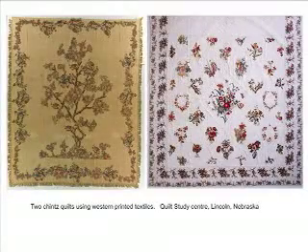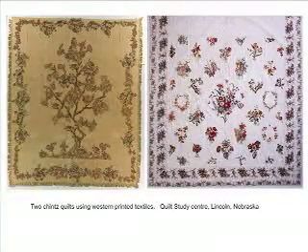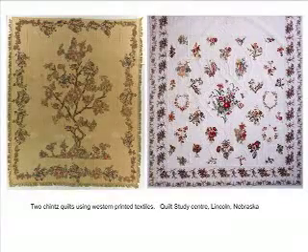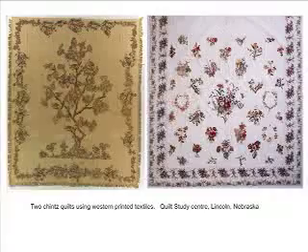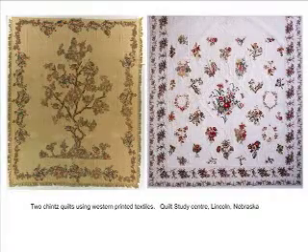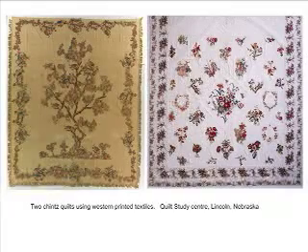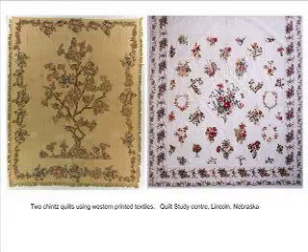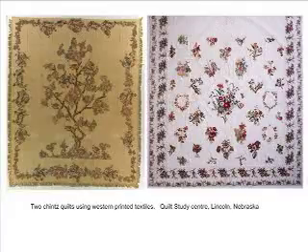And I just wanted to make sure that the difference was clear, that these pieces in this exhibition are made of pieces of fabric printed in the West, either in England or possibly in America. And these were cut up and used on quilts. Now, these fabrics were obviously based very closely on the Indian designs that had originally come from the East, and those are what I'll be showing you shortly.